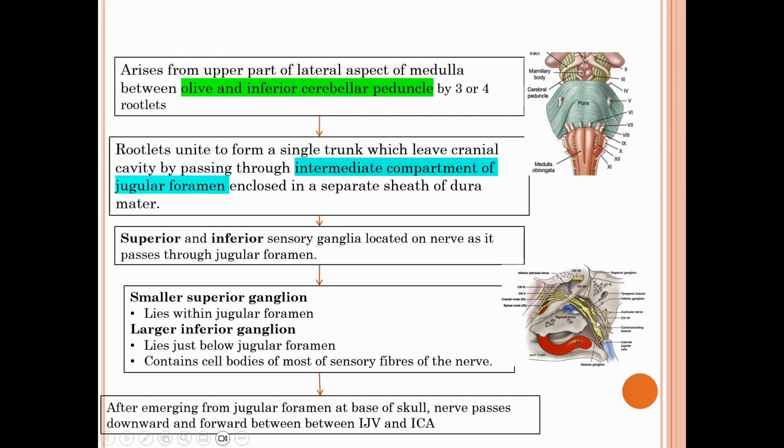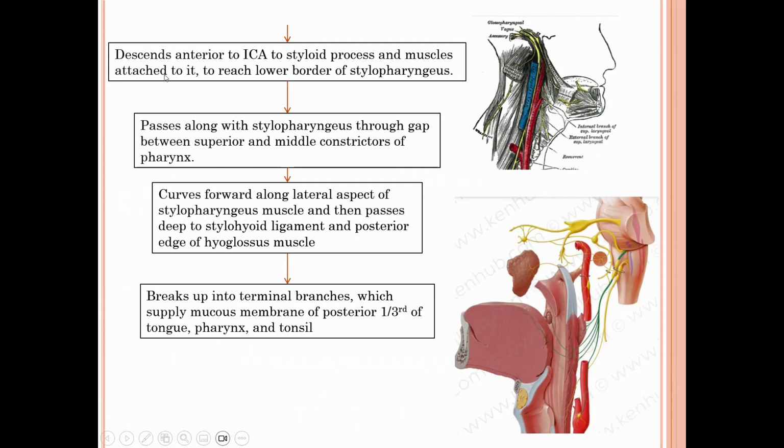Okay, so here is the glossopharyngeal nerve, ninth cranial nerve. When it is descending anterior to the internal carotid artery to the styloid process and muscles attached to it, it reaches the lower border of stylopharyngeus and passes along the stylopharyngeus through the gap between the superior and middle constrictor of the pharynx.